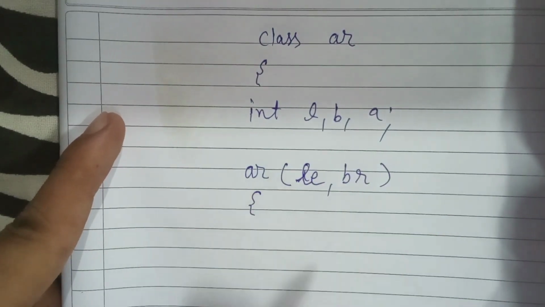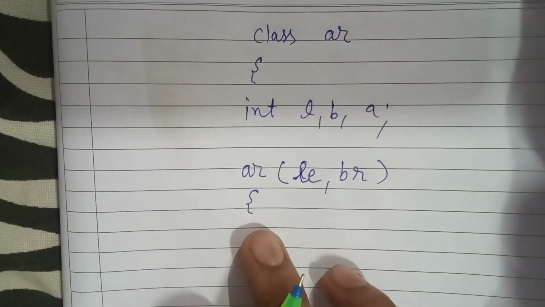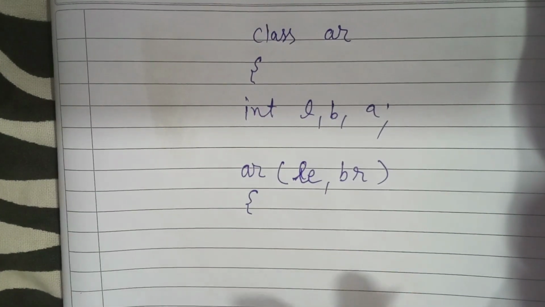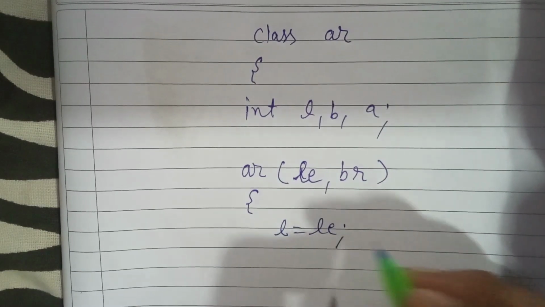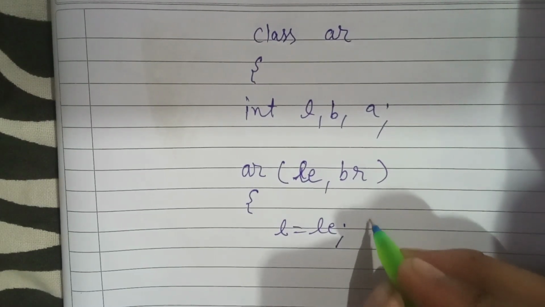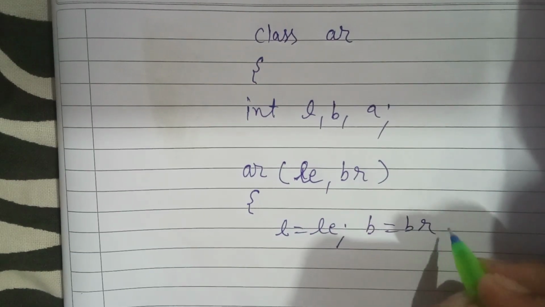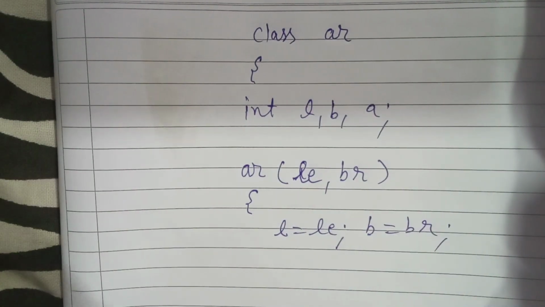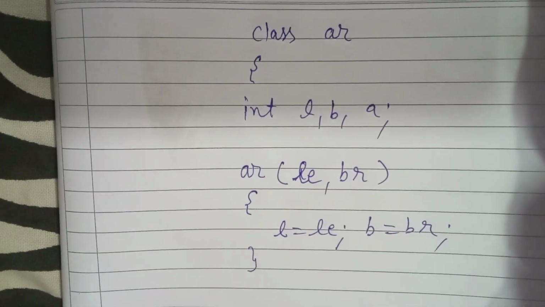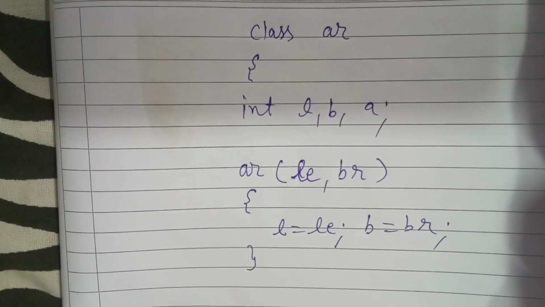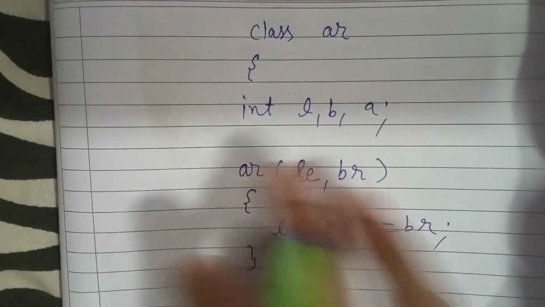Then we have to open the body of the constructor where the initialization process has to be done. So the value of LE will be stored in L, and the value of BR will be stored in B. In this way the length and breadth will be initialized. Then after we have closed this constructor. This is the constructor definition and design.